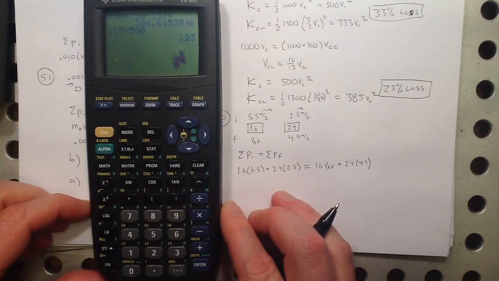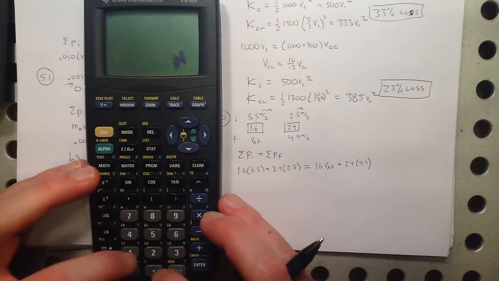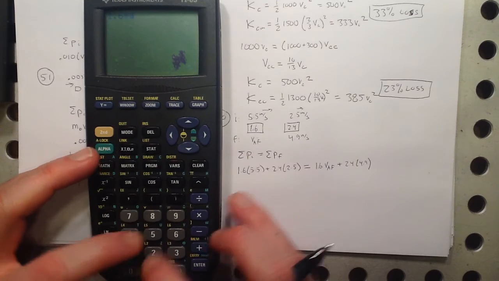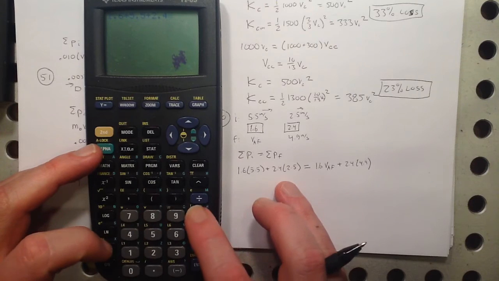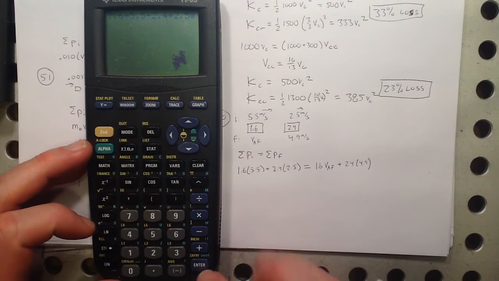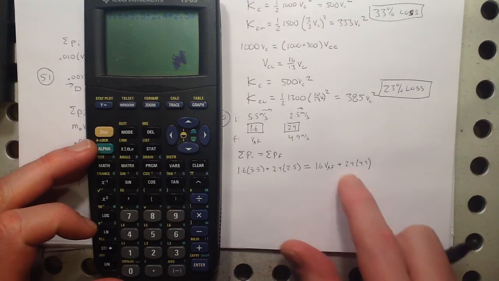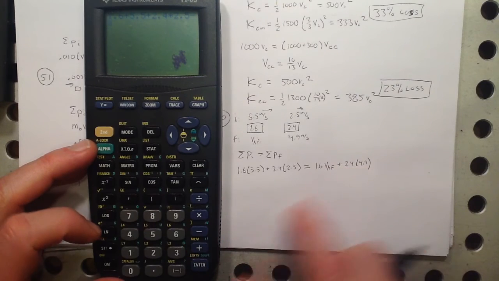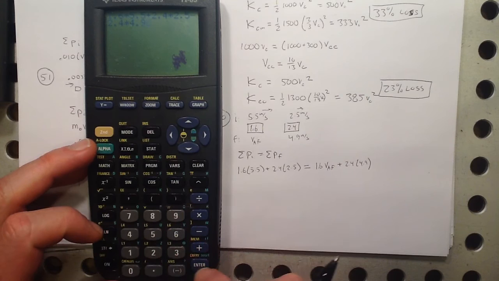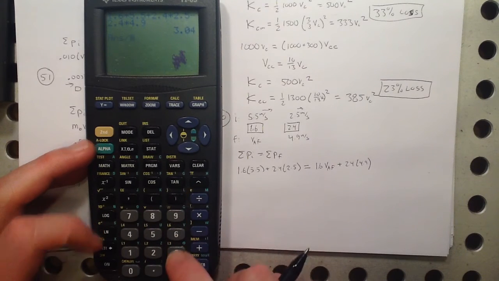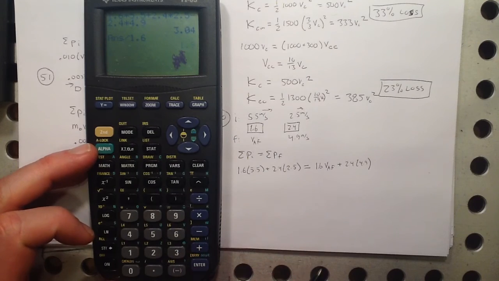And we can solve for that. A little bit of calculator work here. 1.6 times 5.5 plus 2.4 times 2.5, and then I'm going to subtract this 2.4 times 4.9, and then I'm going to divide that all by 1.6.